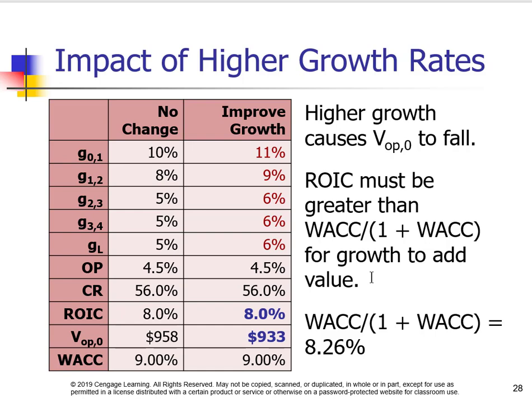If all the expenses are incorporated in profits, and then we look at the rate of return on our investments, that has to be higher than the cost of getting those investments. So in this case, ROIC has to be greater than 8.26 in order for higher growth rates of cash flows to actually add value to the company.